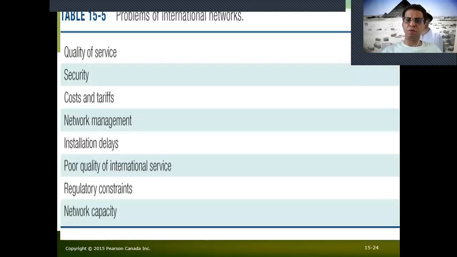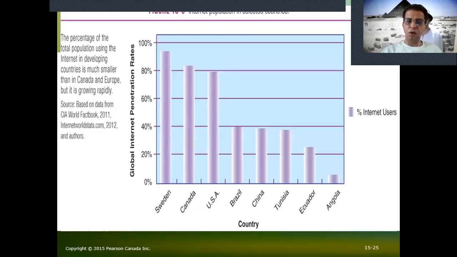Now, the problems of the international network are things like quality of service, security, and costs and tariffs. You might face poor quality of international services or even network capacity limits. Also, there is the percentage of the total population using the internet.